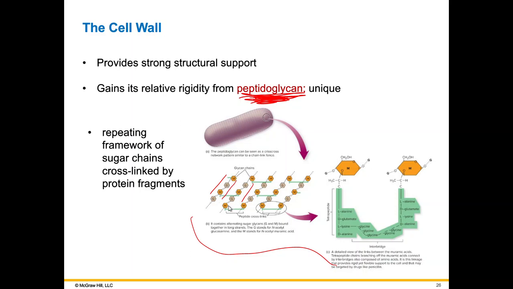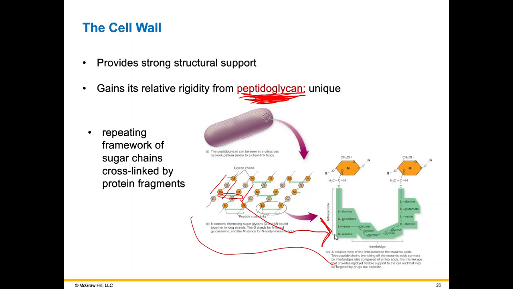And then we have a second linear linked together chain of glycans, a third, fourth, and fifth. Then these glycan chains are interlinked with each other by this green line. And that green line is the interbridge. And the interbridge is essentially amino acids.